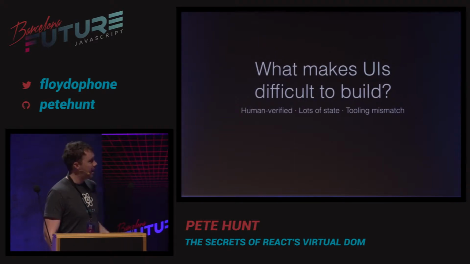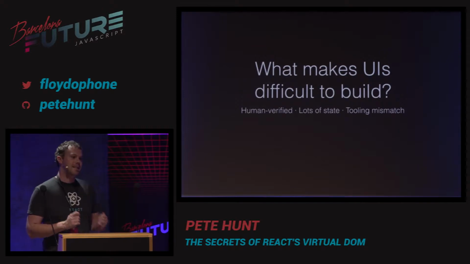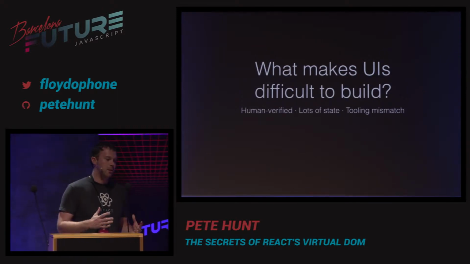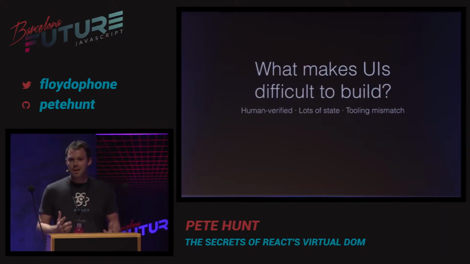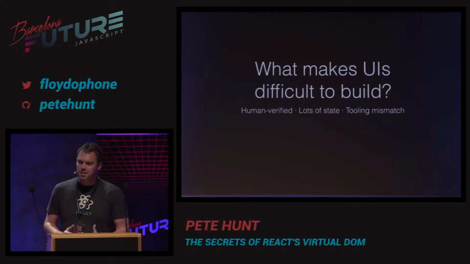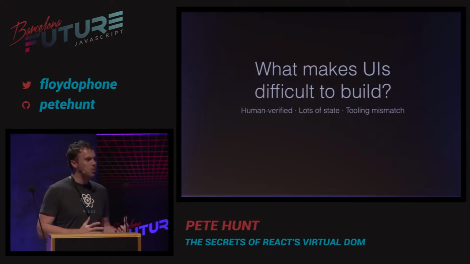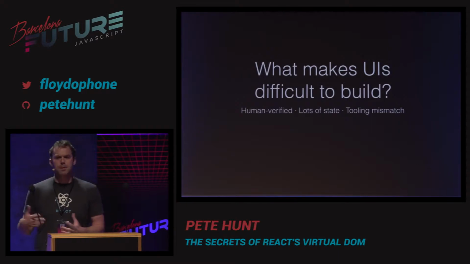Additionally, we've got designers that are working really hard to build user interfaces that seem simple to the user. But underneath that veneer of simplicity, there's usually a lot of complexity as well, a lot of state that you need to manage to provide the right user experience. And finally, the tools that we have today for building user interfaces aren't as good as they are for building backends.